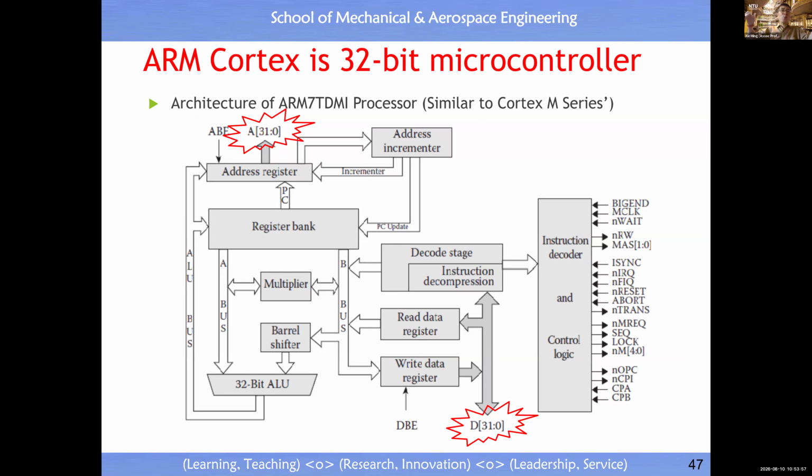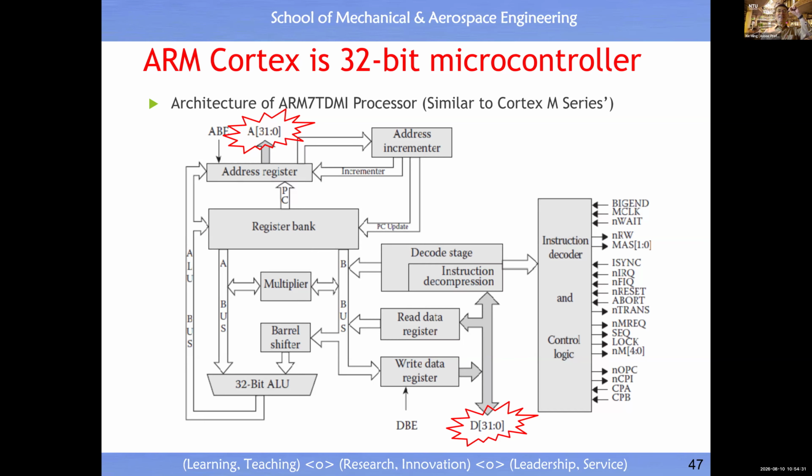But in the C programming language, in engineering, the convention is that the index always varies from 0 to the maximum capability minus 1. If we have 32 bits, 32 minus 1; 8 bits, then 8 minus 1. Now you see the A is a vector. That means you have this number of bits, but the index varies from 0 to 31 because we have 32 bits. And the data is the same.